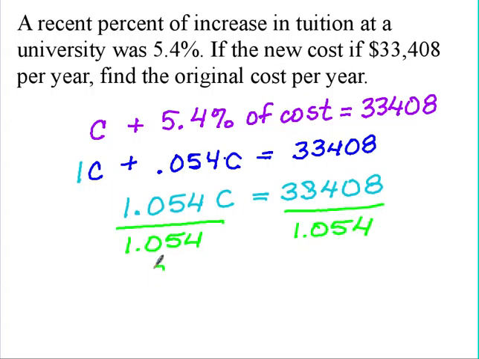Okay, now, does anybody have their calculator handy? On these, I will let you use a calculator to find that out because these can get kind of in-depth. So 33,408 divided by 1.054. And what do we get there?